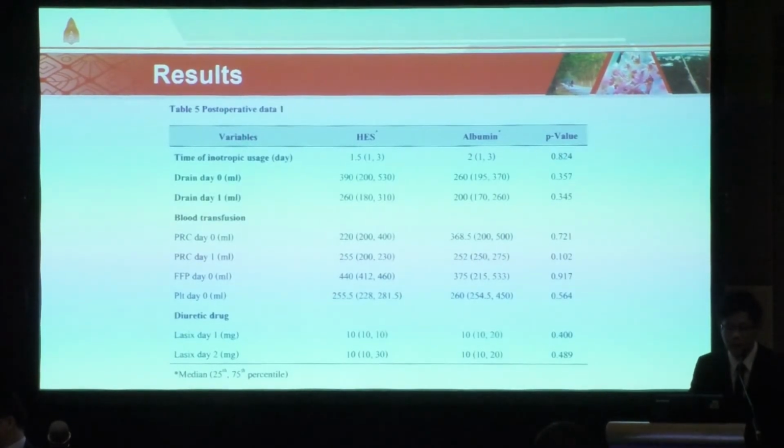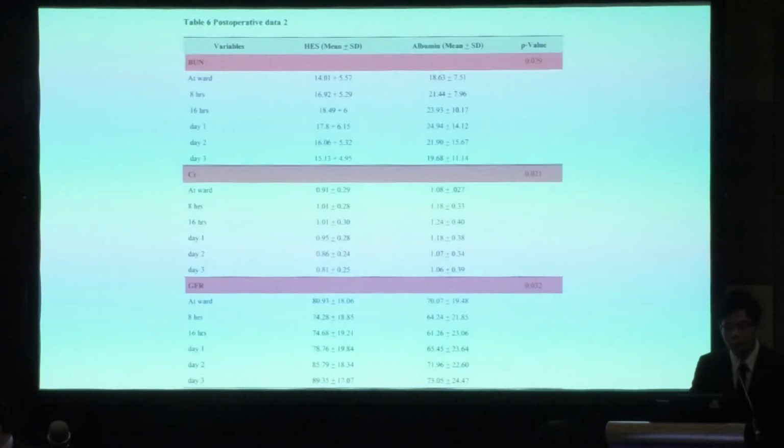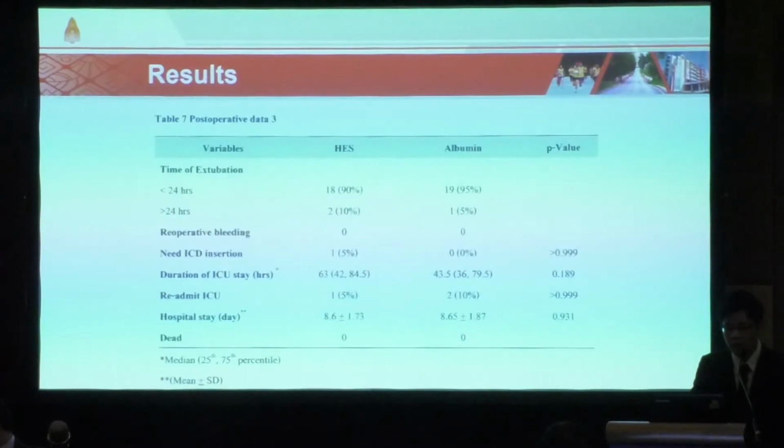Postoperative data: there was no significant difference in postoperative bleeding, blood transfusion, and use of diuretics between the two groups. Overall, postoperative GFR measured from 8 hours to 72 hours was significantly higher in the hydroxyethyl group. And there was no significant difference in ventilation time, ICU length of stay, hospital stay, and mortality rate between the two groups.